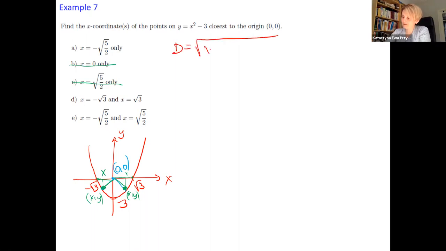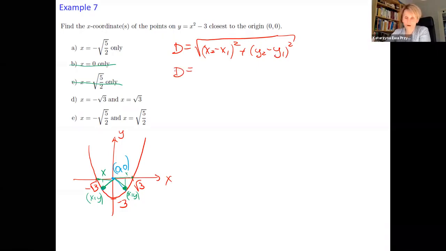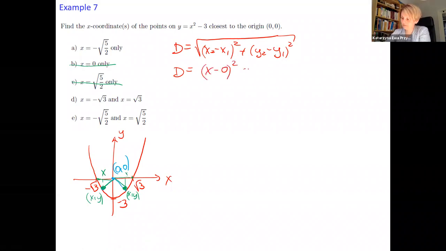The distance formula is the square root of (x2 minus x1) squared plus (y2 minus y1) squared. One point is (0, 0), the other is (x, y), so we have x minus 0 and y minus 0. Let's square it, because we will focus just on the squared distance: x squared plus y squared.